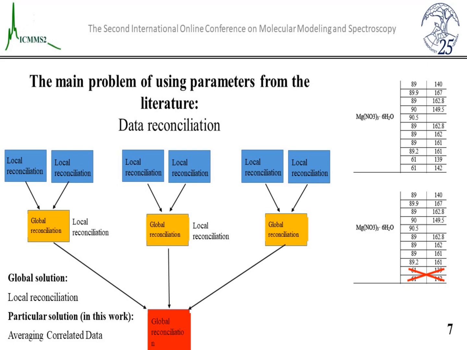All literary and experimental values are classified into groups in which all values of the same parameter obtained in the same way fall into one group. This group of values is averaged.